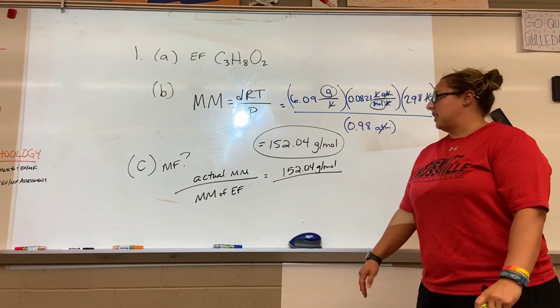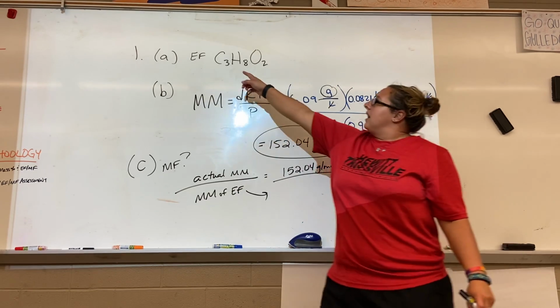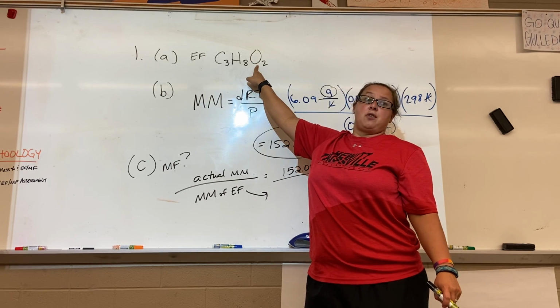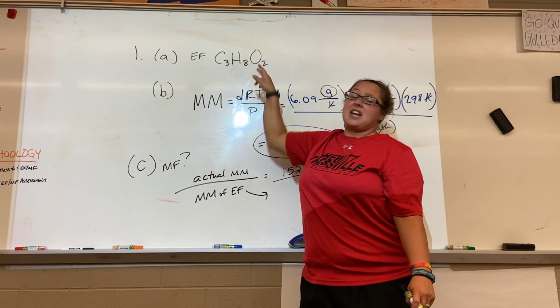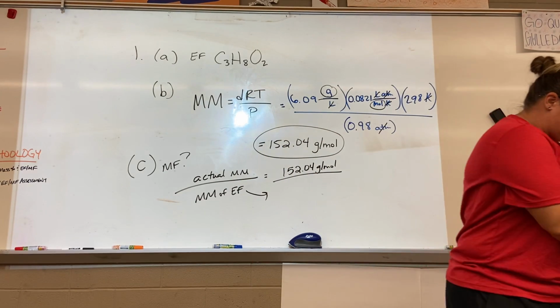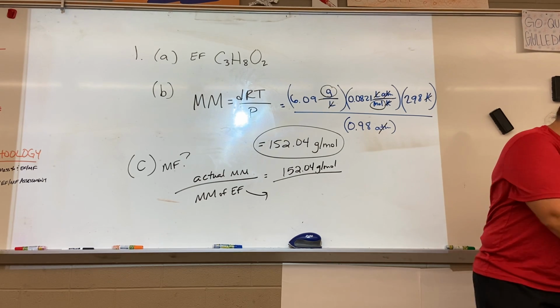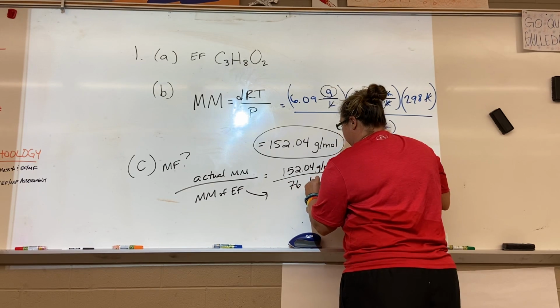The molar mass of the empirical formula, where we get that number, is by adding up the molar masses of our empirical formula. So we have to add 3 carbons, 8 hydrogens, and 2 oxygens. And when we do that, we get a molar mass of 76 grams per mole.